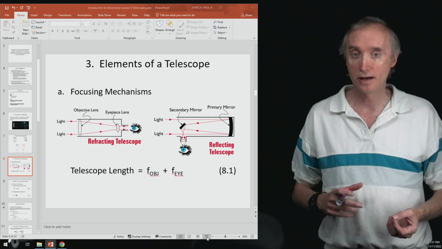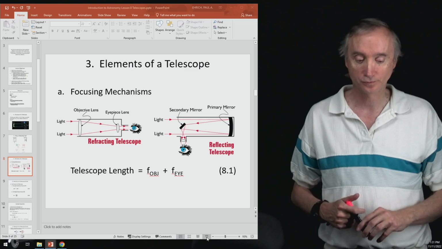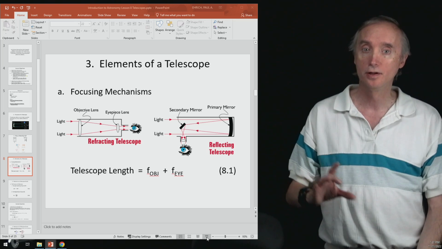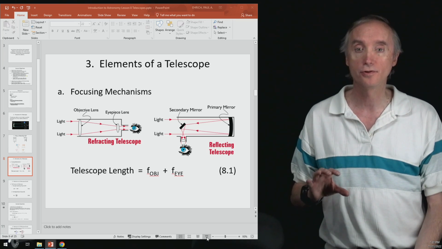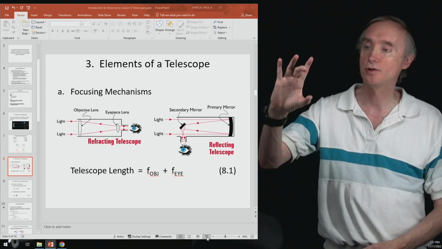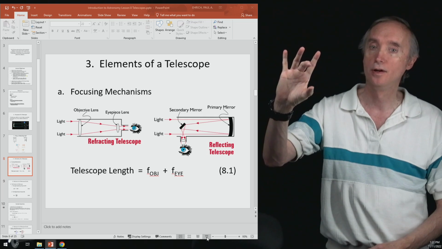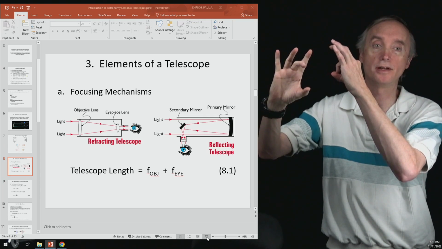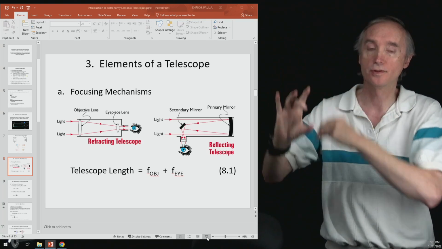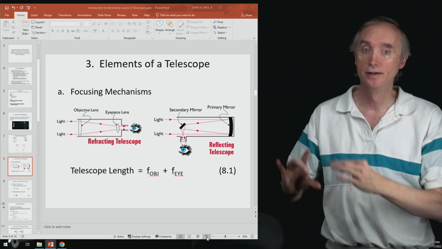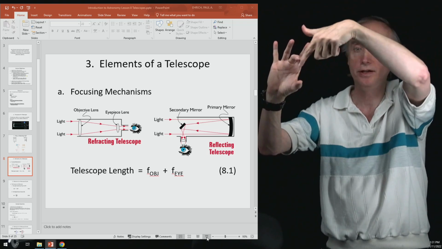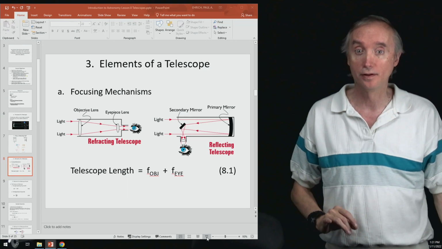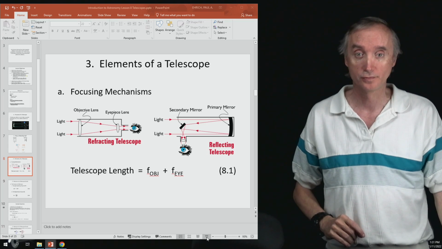Galileo was the first person to do that, and he made a very simple telescope using two converging lenses. You had one converging lens out here, which is the objective, and then this converging lens here, up to your eye, is called the eyepiece. And then there's a distance between those two lenses, and that's the length of your telescope.